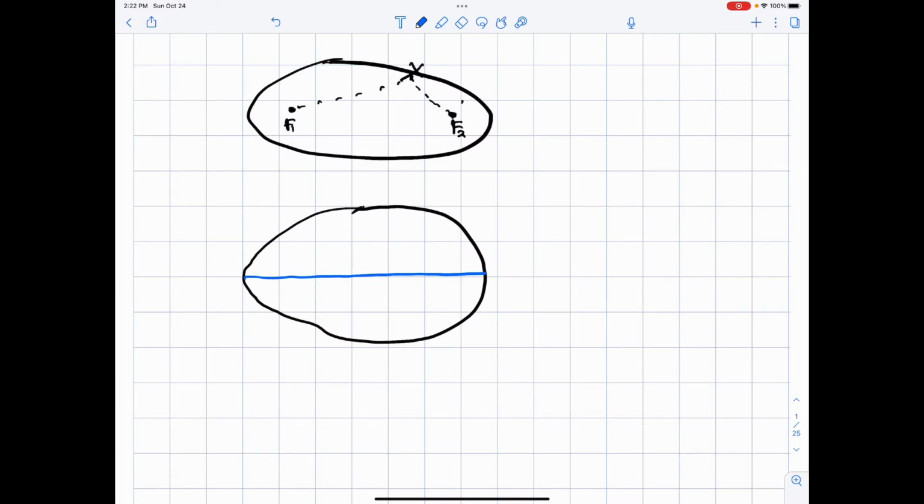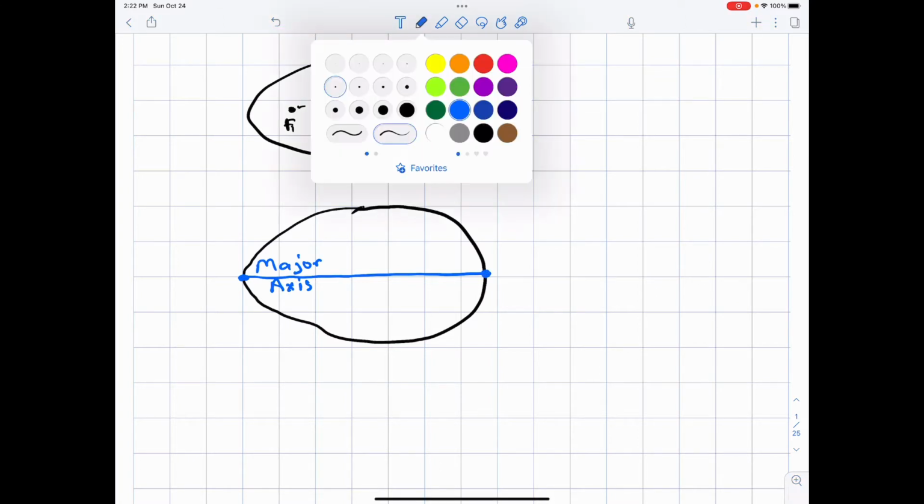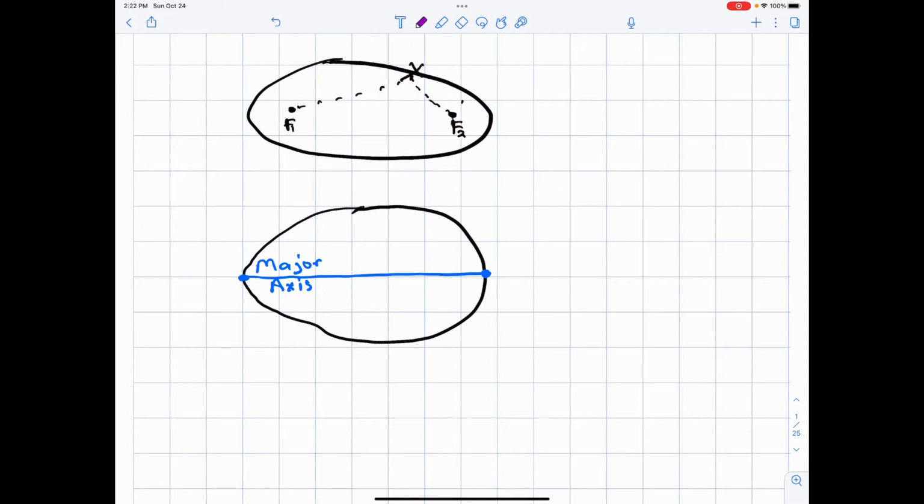That wider direction has the major axis that goes from one extreme point to the other. In the narrower direction, you have the minor axis. They intersect at right angles.